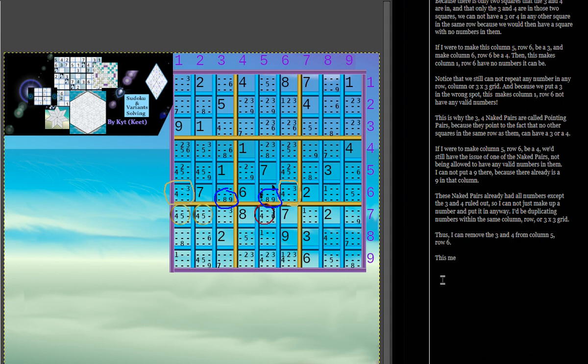This makes the 8, 9 another naked pair. Thus, we have 2 naked pairs in row 6.